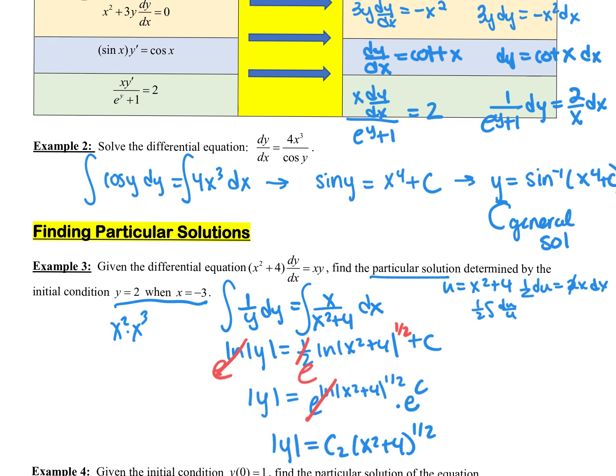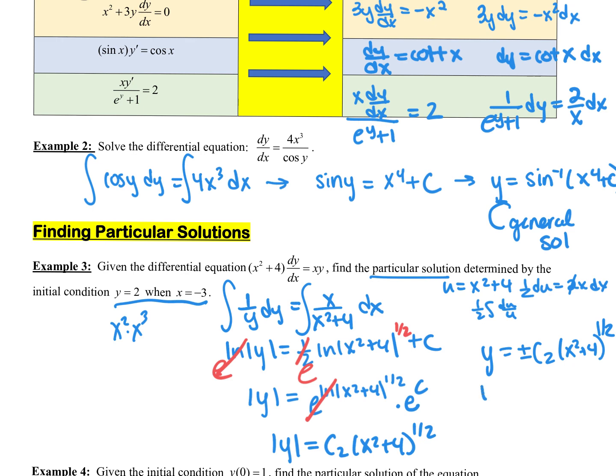Why can I do that? Well, if I was being precise, I would say, if it's the absolute value of y, then that means that y could be plus or minus either one of these. They could be either one. But most of the time, you'll just see people dropping that plus or minus because it's going to get sucked into that constant anyway.